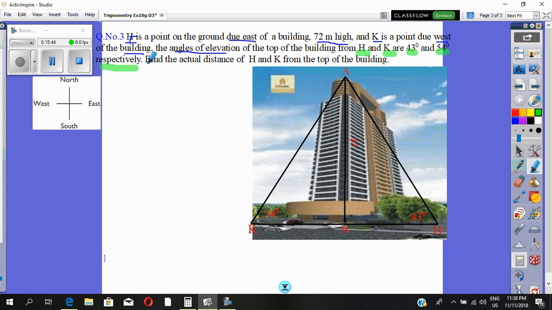Find the actual distance of H and K from the top of the building.